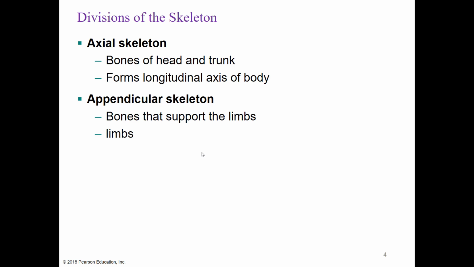So in this chapter, we are talking about the axial skeleton in particular, so we're mainly going to focus on the bones that make it up, and then some highlights about those particular bones. What we are not doing in this chapter is going over the features of all the individual axial bones.